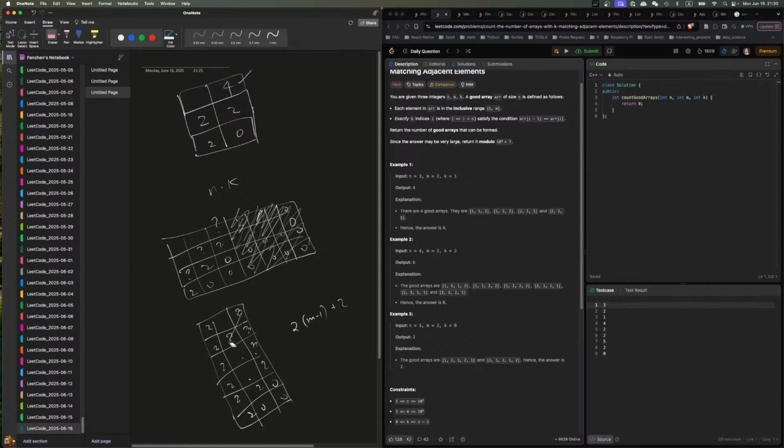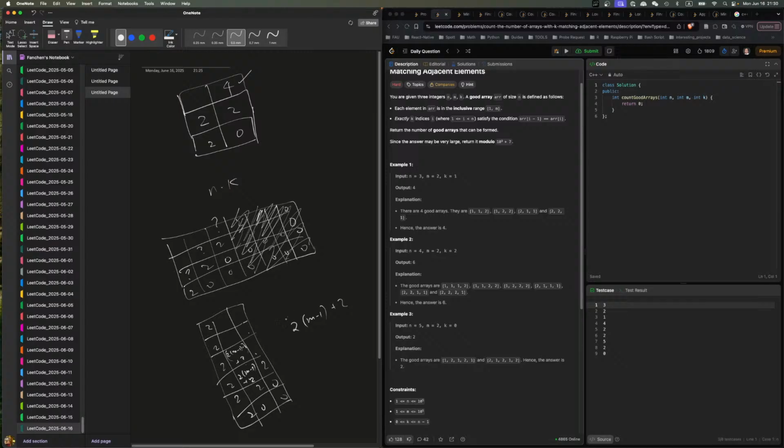Hold on, let me remove all this. Right, here is 2 times n minus 1 plus 2. And this will be this, so it will be 2 times n minus 1 plus 2 times n plus 1 plus 2.